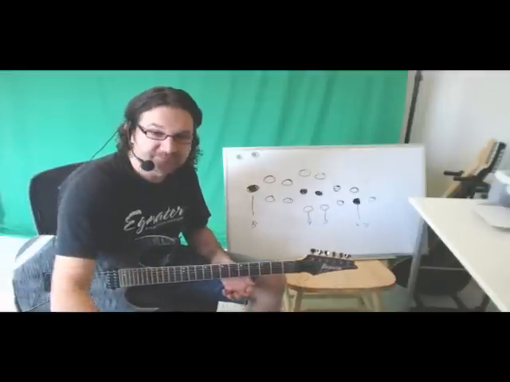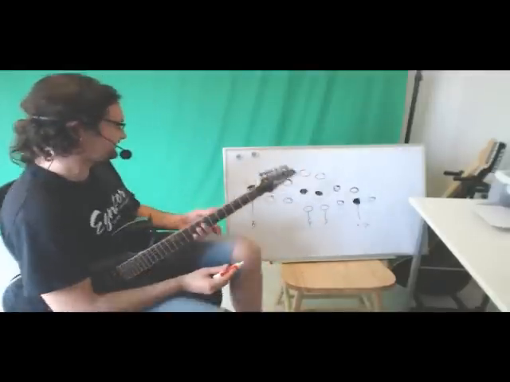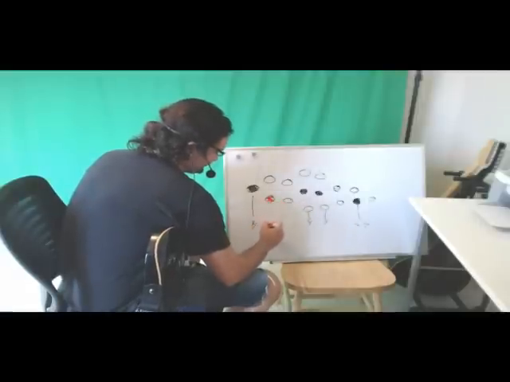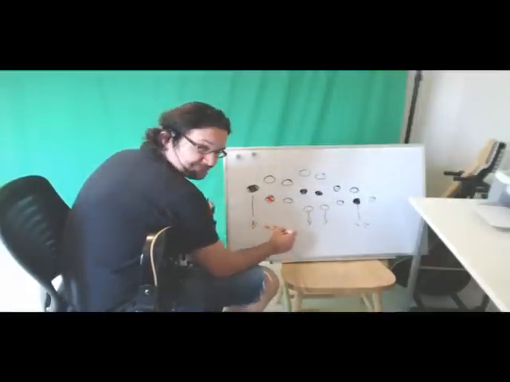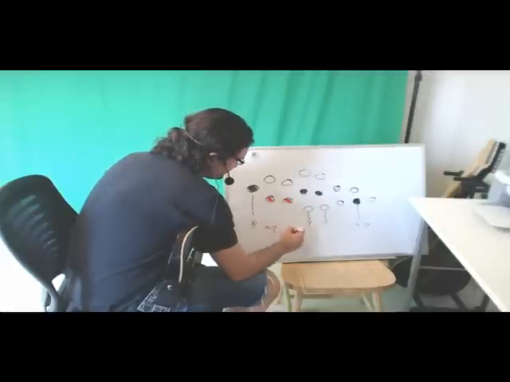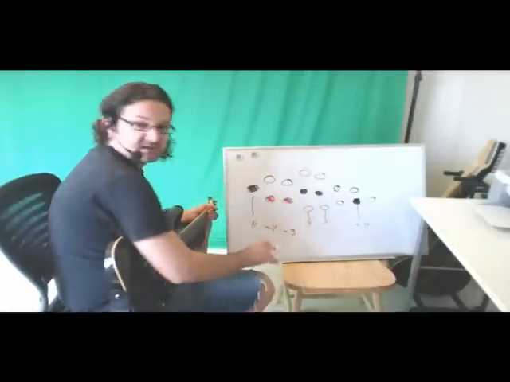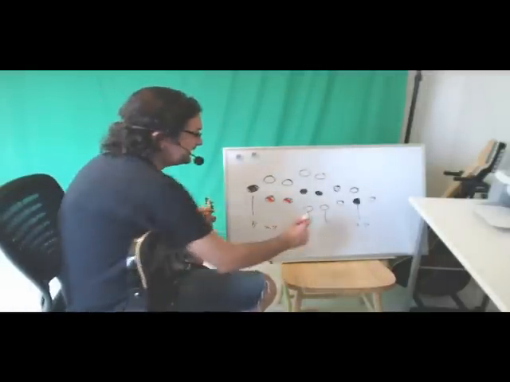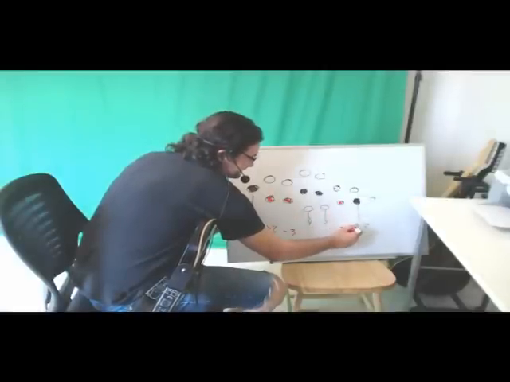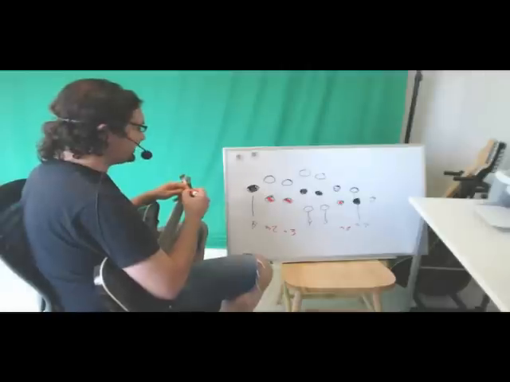So we've got a root, minor 2nd, right here, minor 3rd. The 4th and 5th are taken, minor 6th. Great, so that works. So let's try that scale.